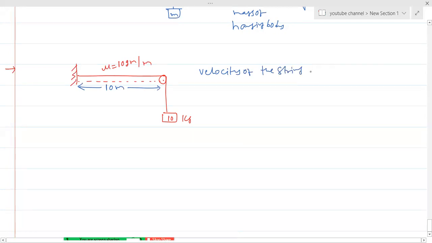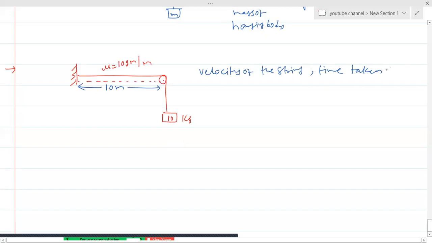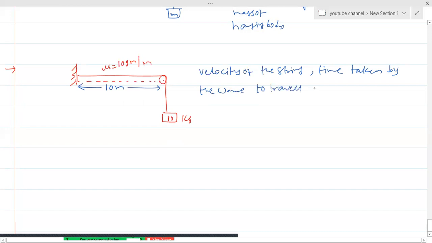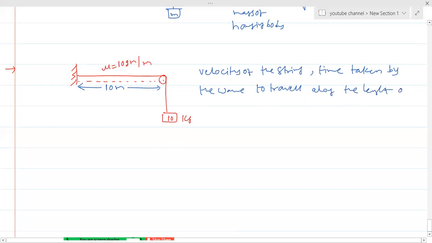And you need to find the time taken by the wave to travel along the length of the table.